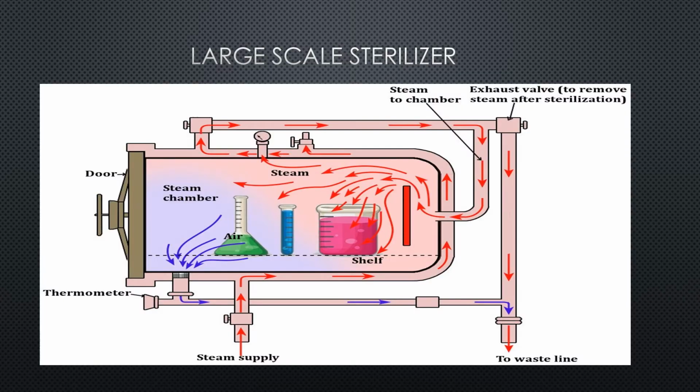There are some general features in the design of a steam sterilizer. Steam sterilizers are constructed with a single door, and they are cylindrical in shape, with a chamber capacity of 400 to 800 liters.